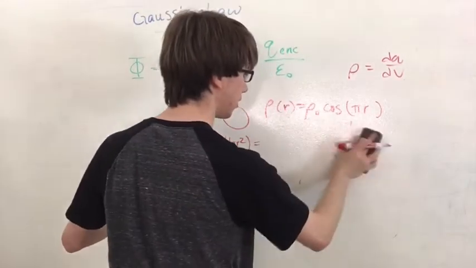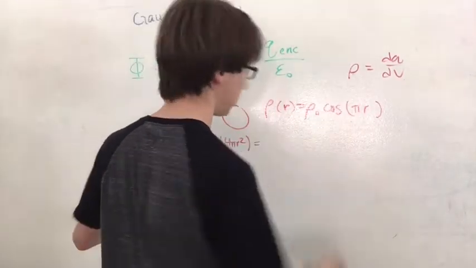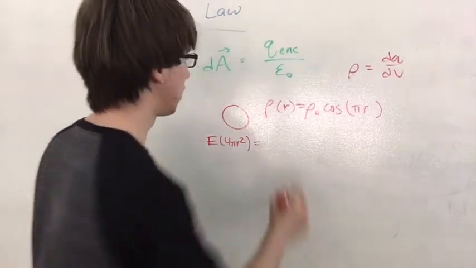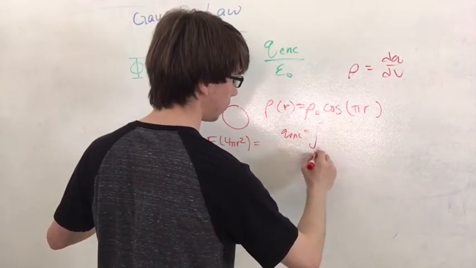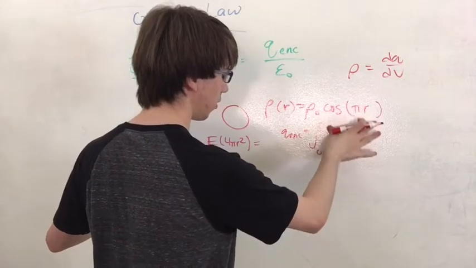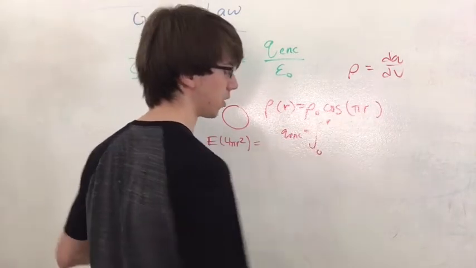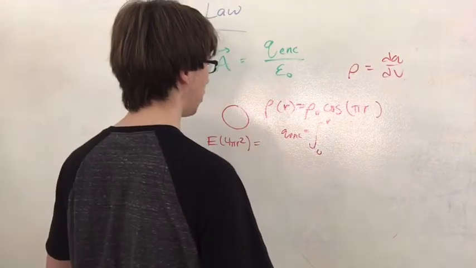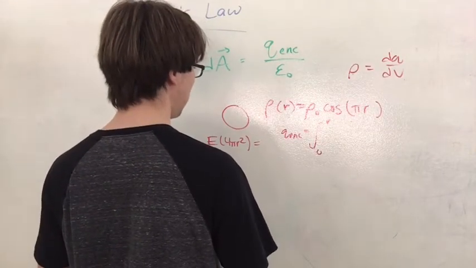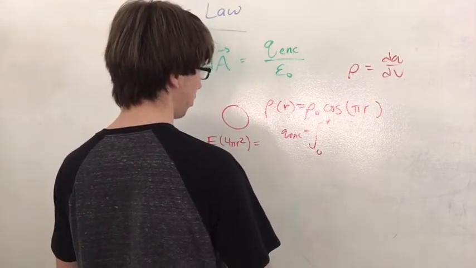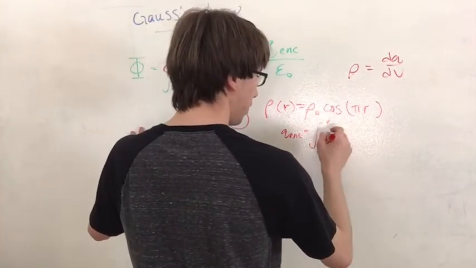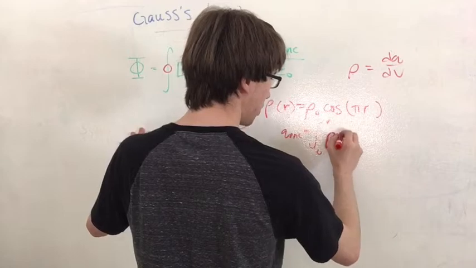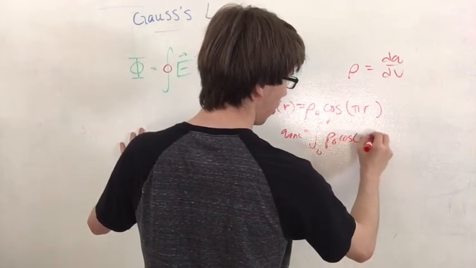Let's erase this to get it out of the way. Q enclosed is equal to the integral from 0 to r, because that's what we want the bounds to be, of rho naught cosine pi r dv.